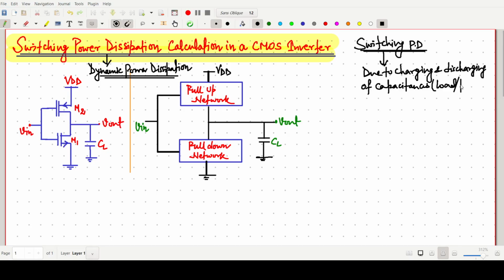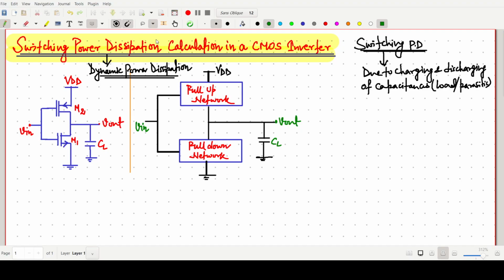When charging and discharging occur through capacitances in a CMOS inverter, we can say this is our switching capacitance. We are doing a switching operation through some capacitance, so it is our switching power dissipation. So we are using a CMOS inverter and thinking about the switching power dissipation in it.